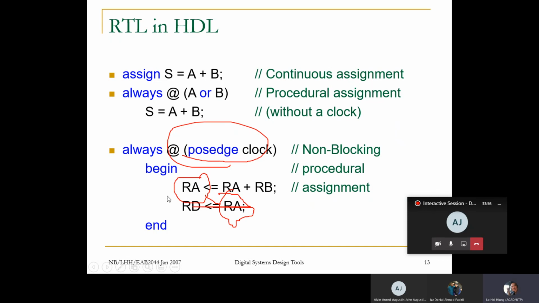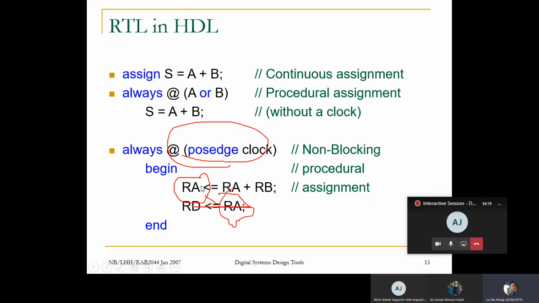As you have said, RA is the output. RA can also act as an input for an operation. So this is input to this addition operation. RA plus RB is an operation, and then the result of this operation will serve as an input to these registers.